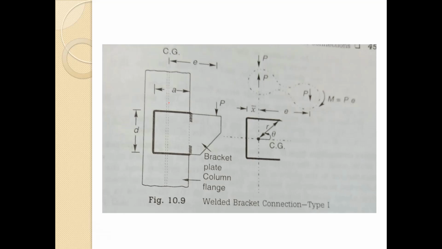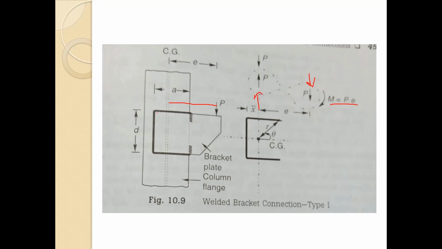Here we have this much eccentricity, as shown. You can see this applied force is going down and this resisting force is coming up, so they form a couple, and this moment is P into E, that is the distance between these two.